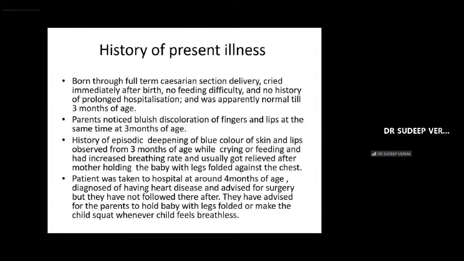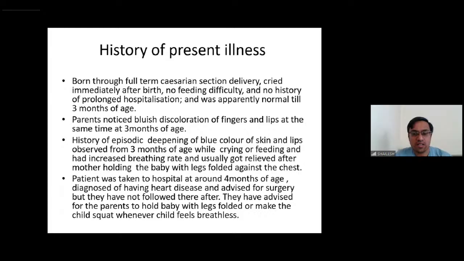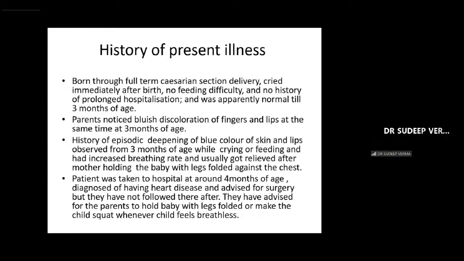Why? What is the purpose of giving iron in cyanotic heart disease? Sir, in these children there is iron deficient erythropoiesis. So how does it matter? If you see the literature, it clearly shows the purpose is to prevent stroke. How does it prevent stroke?